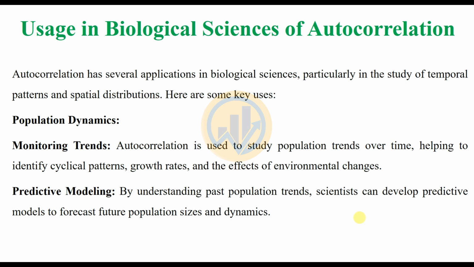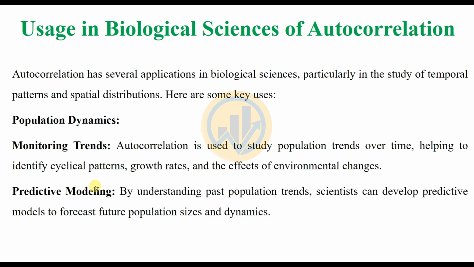Usage in biological science of autocorrelation. Autocorrelation has several applications in biological science, particularly in the study of temporal patterns and spatial distributions. Here are some key usages. The first one is population dynamics.